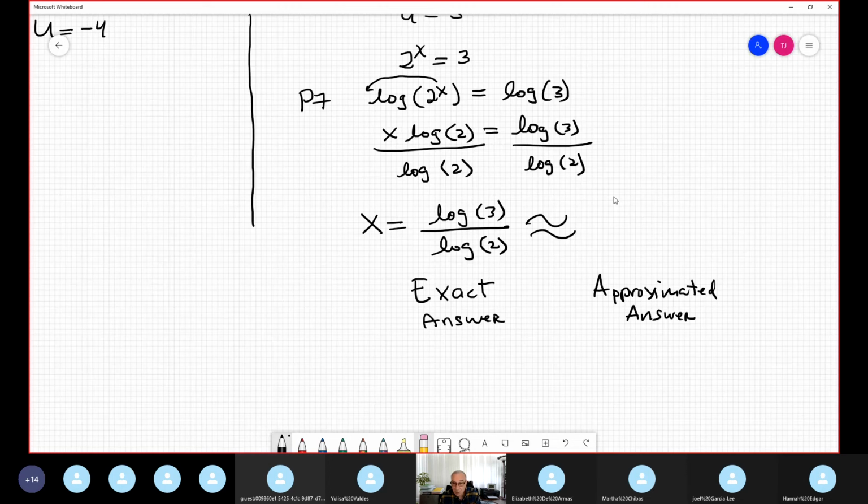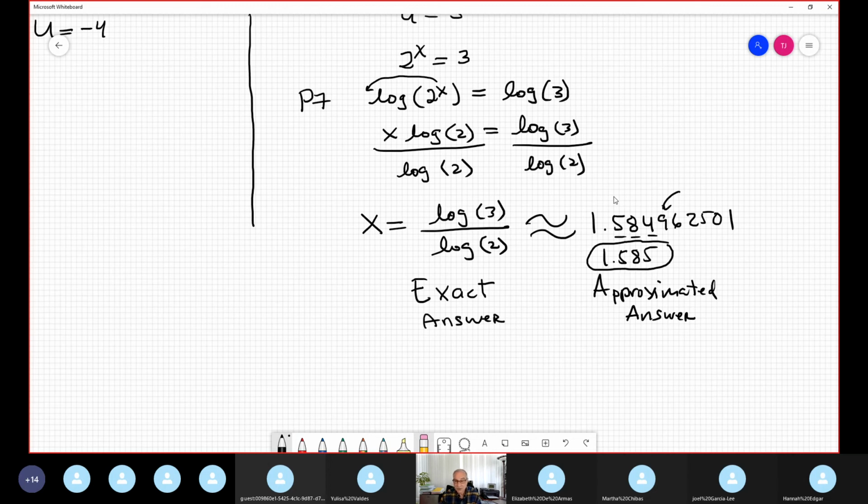And the answer is 1.5862501. You round it to, for example, 3 decimal places, 1, 2, 3, and you see the next digit is greater than 5, therefore you increase it, so the answer is 1.585.